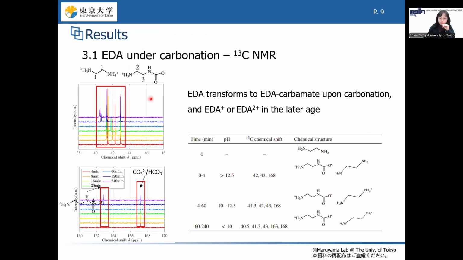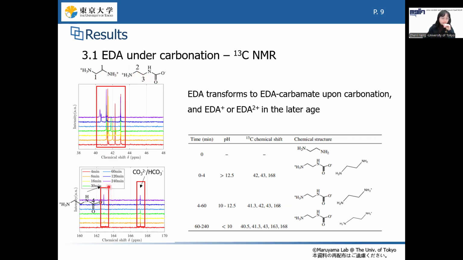The first is about the EDA structure change with carbonation. We do this by carbon-13 NMR. The x-axis is the chemical shift, and the y-axis is the intensity of these peaks. The chemical shift comes mainly from these 2 regions, 38, 48, 160, and 170. These three types of peaks come from the carbon at different positions of the EDA structure, from EDA2+ or EDA carbonate.